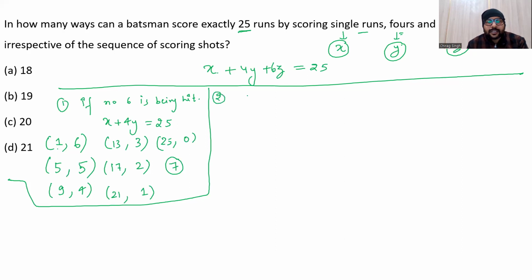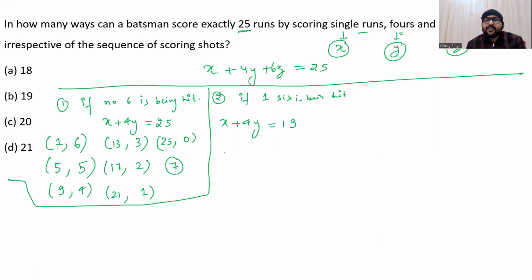Now, second case. If 1 six is hit, then x plus 4y. So 6 into 1, 6. उसको minus कर दो, कितना बचा? You have to score 19 more runs.